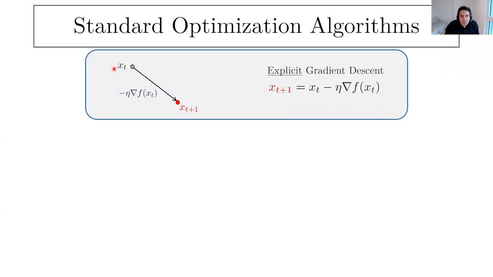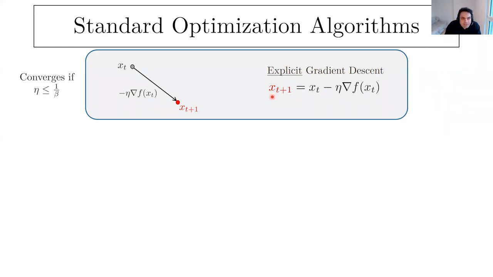You start from x of t, you look at the gradient of a loss function. For the time being, think about one loss function. You take a gradient, you move with a step size eta, and then you see what the next step is. That's the one that we all had seen in undergrad, perhaps. And that's how we make a decision, updating our candidate for the optimization algorithm.